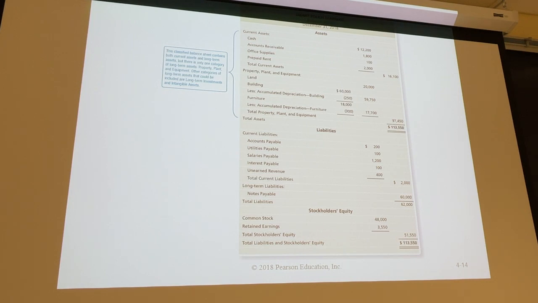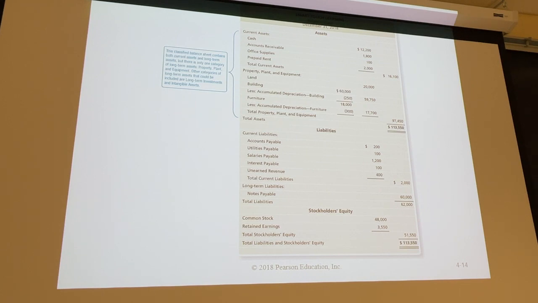Then they have property, plant, and equipment, and they list the various accounts there. The building and the furniture are depreciable assets. Therefore, after building, it subtracts the accumulated depreciation on the building to come up with a net book value for the building. Likewise, for the furniture, it subtracts the accumulated depreciation on the furniture to come up with a net book value on the furniture.